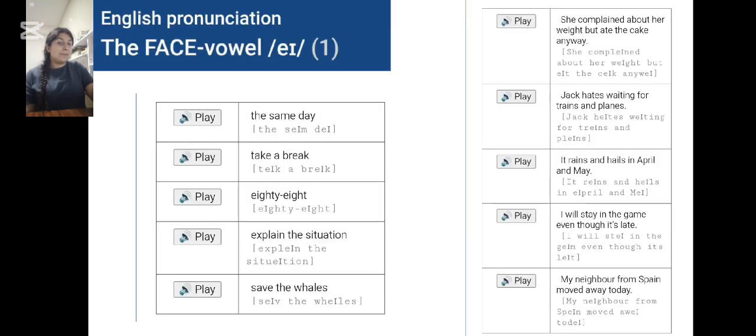Again, the examples for pronunciation, the face vowels: same day, take a break. Here we can clearly hear the letter A: same day, explain the situation, save the whales, and you can read them again on your own.